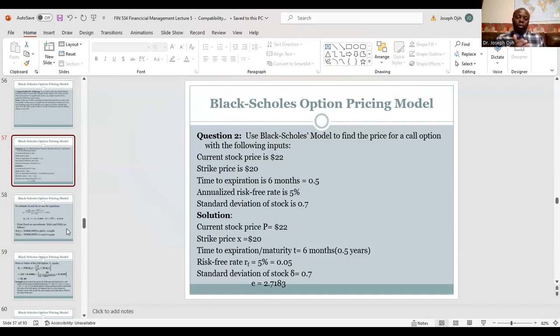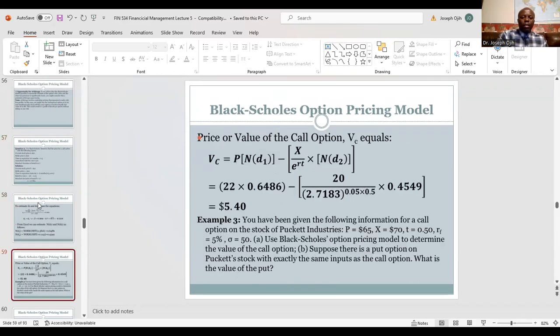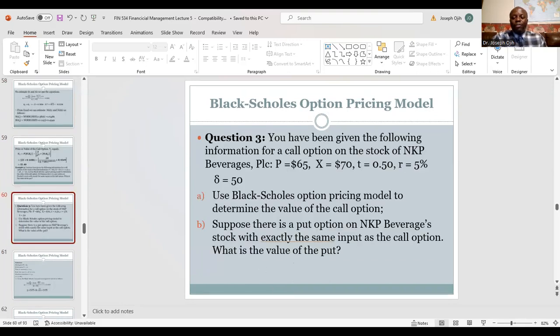But we don't have the option premium, so we cannot say whether it is in the money or out of the money at this point. Well, that is the value of the call option. Okay, I'm sure you're having fun by now. All right, so that's the answer right here.